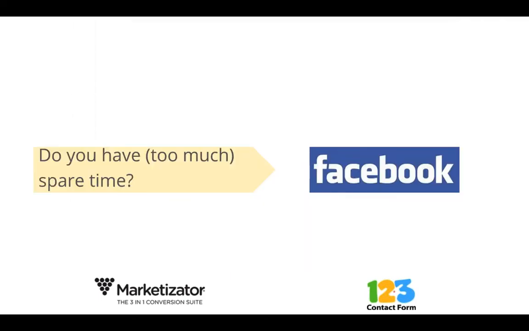So let's take a look at what the big brands are actually doing in order to change our habits. Imagine that Facebook wasn't around 10 or 12 years ago. It was just a small website for the students. But now, if you have too much spare time or if you want instant gratification, you go directly to Facebook.